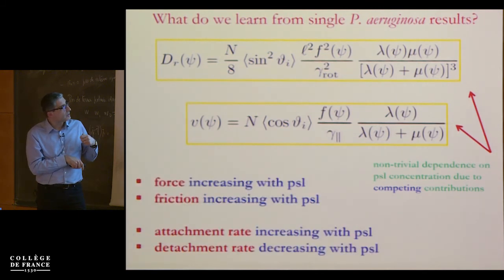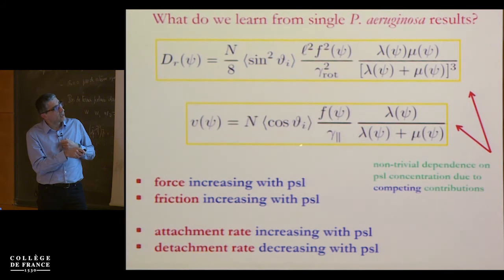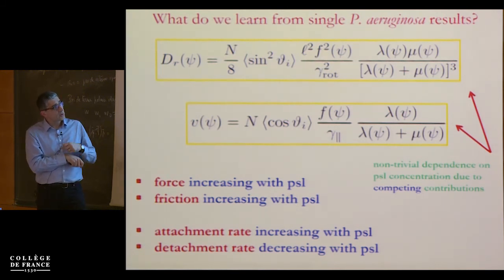I'll probably skip this part, it's a lot of detail, but basically if you calculate these things, you have many components that all depend on the concentration. For example, your biologist colleague might ask you, okay, suppose the bacterium is now releasing the polysaccharide, and suppose the force that is essentially pulling the bacterium is sensitive to that, because the pili are, and it gets stronger, but also the viscosity goes up because of the presence of the polysaccharide, and then maybe the rate of attachment detachment also changes.